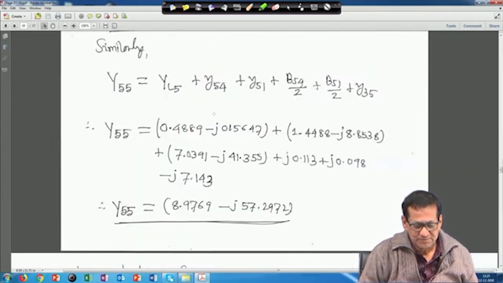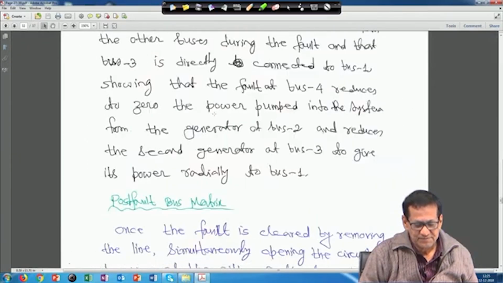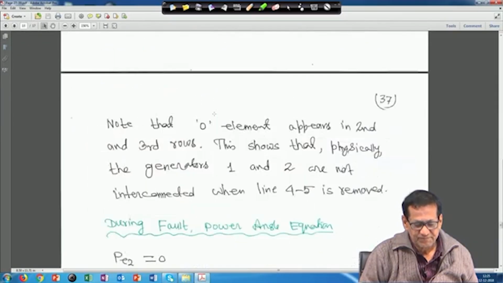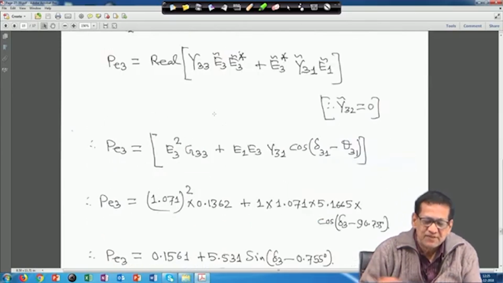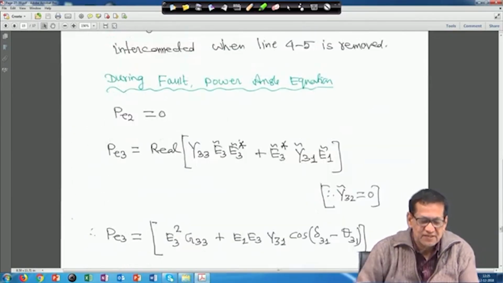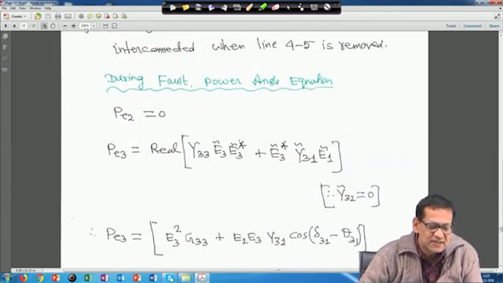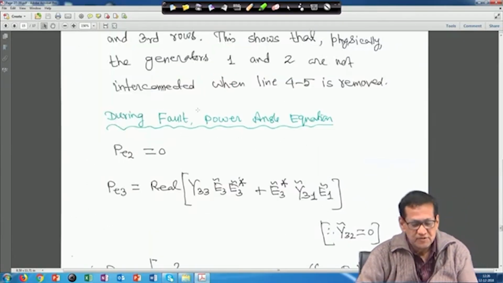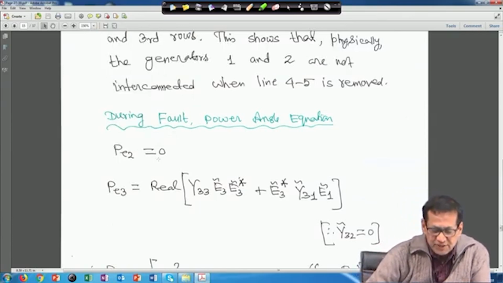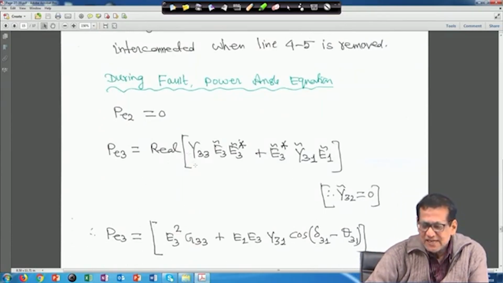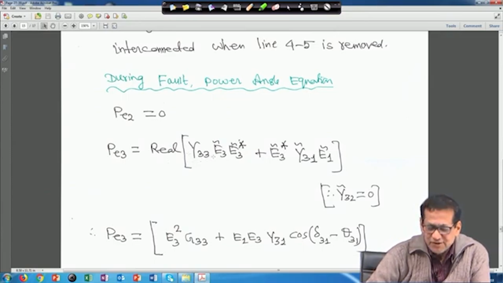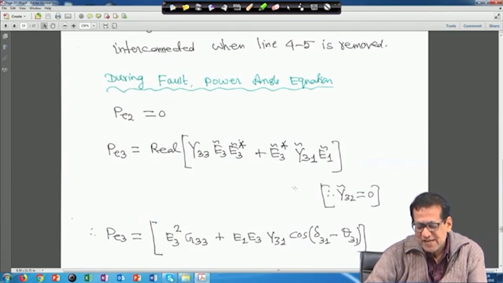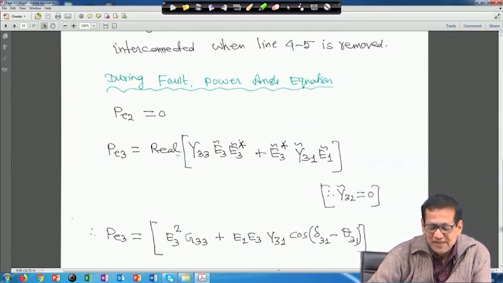Let me go down. Here, during the fault, P2 is equal to 0, and P3 is the real part of Y33 E3 tilde E3 conjugate plus E3 tilde Y31 tilde E1 tilde, all complex quantities, and Y32 is equal to 0. The real part of this is PE3.